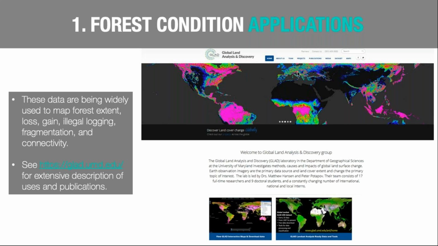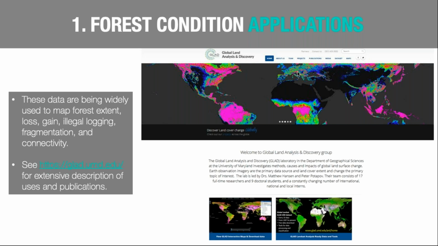We encourage you to explore the web page indicated here for extensive descriptions of these data and how they can be used. And then the publications associated with the products are also available through the website. To talk about the next data layer, I'll turn the mic over to Dr. Oscar Venter.